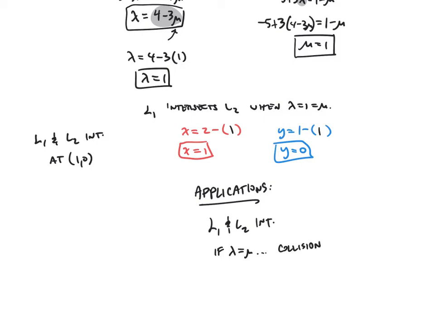You could be talking about submarines, boats, airplanes and aircraft. If lambda and mu are not equal, then sure, their paths intersect, but they might not collide. There's no collision. Very interesting. That'll come up later in future lessons.